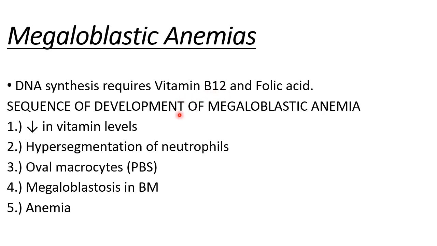Pagbagsak yan, ang unang maapektuhan is the WBC maturation. Na makikita nyo in neutrophils, hypersegmented ang lobes or nucleus ng neutrophils. Sa peripheral blood smear naman, ma-appreciate mo yung oval macrocytes. Okay? And in the bone marrow, madami kang ma-appreciate na large blast cells o yung tinatawag natin na condition na megaloblastosis.